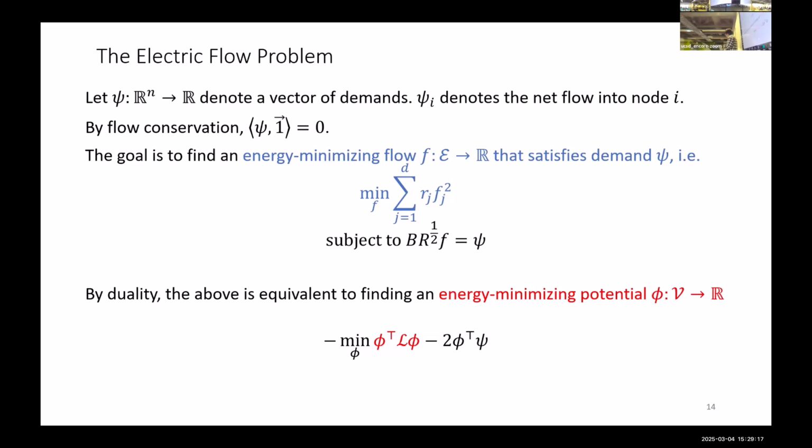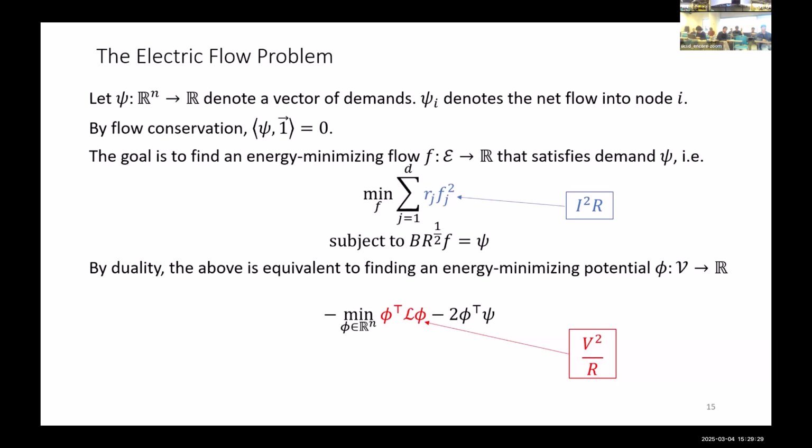And we do some simple linear algebra and get the objective on the bottom. There is a nice interpretation: the primal problem is current squared times resistance. The dual problem is potential loss squared divided by resistance. Again, a measure of energy by physics.